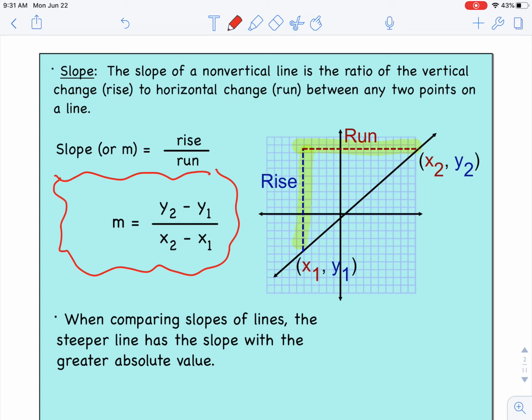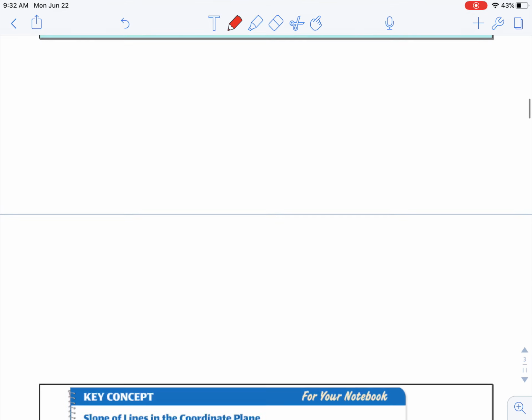When you're comparing slopes to see which line might be steeper than another, we always compare the slopes, and the steeper line has the slope with the greater absolute value. So we don't worry about if it's positive or negative. We take the absolute value of it to see which number is bigger. So that's just a quick review about slope.